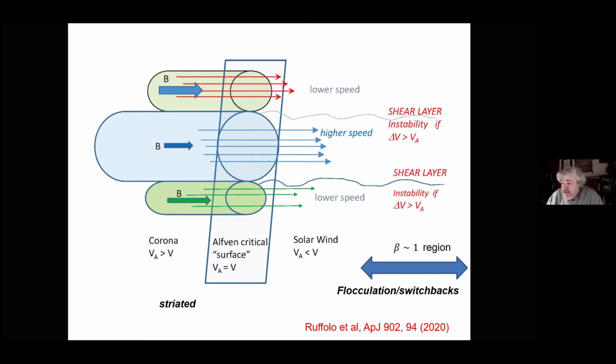So there's an interesting question, right? If the interchange people are correct that their model is the main source of these, which I personally doubt, and apparently you do too, then as you go deeper and deeper into the corona in subsequent orbits of Parker, you should see more and more switchbacks.